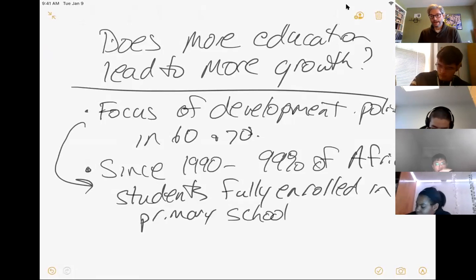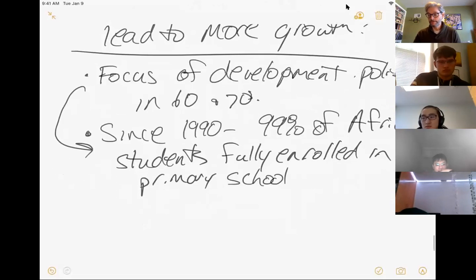About 99% of African students who are of the correct age are fully enrolled in primary school, and that's been true since about 1990. So now we have basically 2.5 generations of Africans who have had the opportunity to fully enroll in primary school, all right?